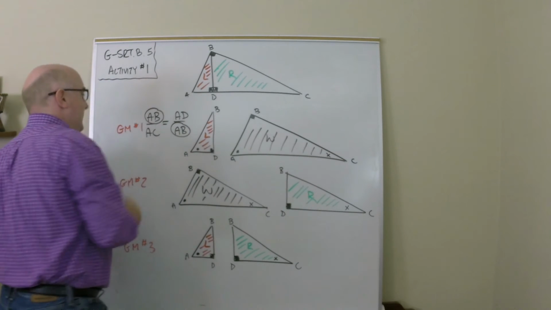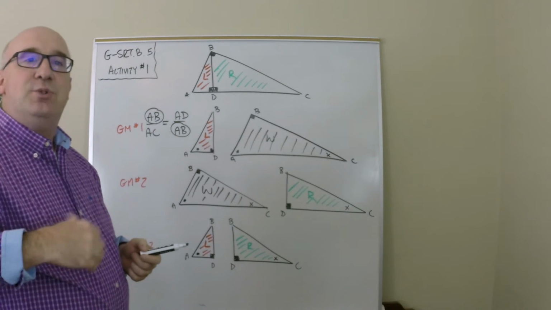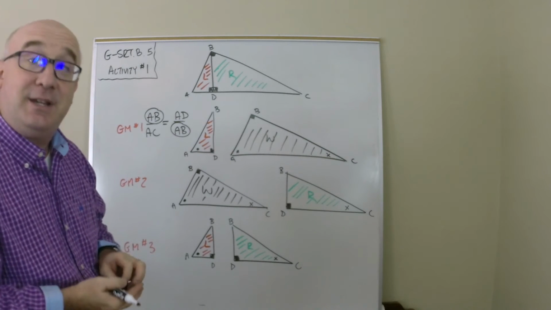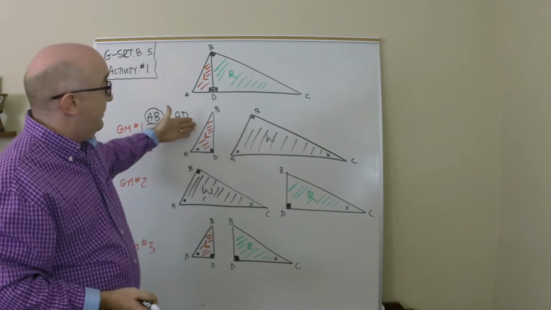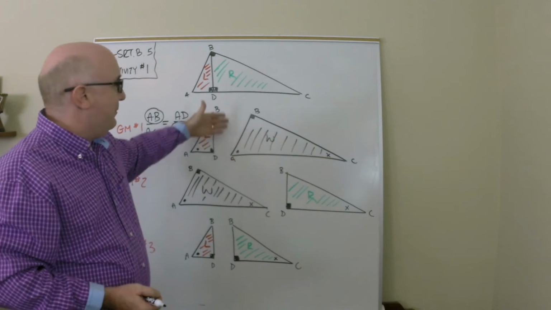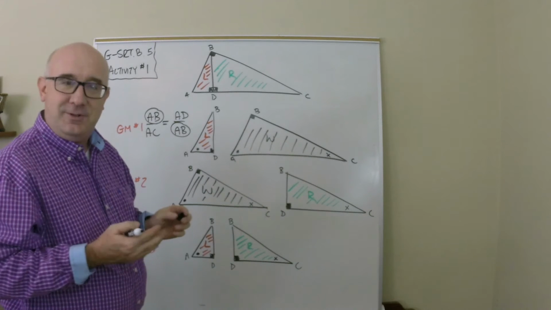Notice something unique happened. The AB length gets used as a numerator in one case, a denominator in the other case, because in one case AB is a hypotenuse, but in the other triangle AB is the shorter leg, at least in this diagram. Interesting.